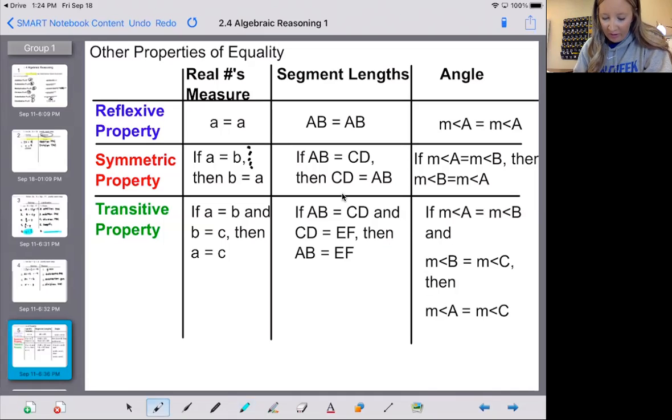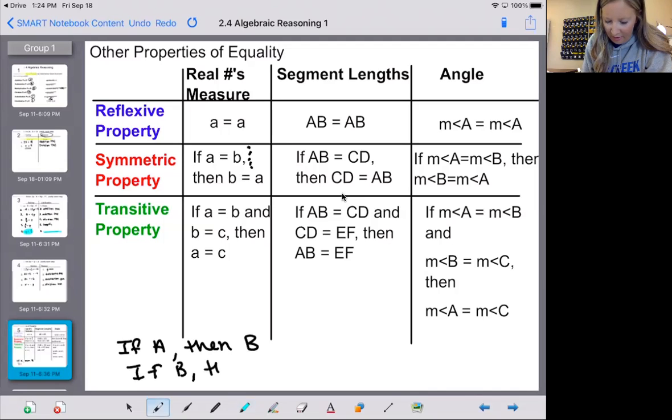The last one, the transitive property, this one is very similar to the law of syllogism. So if you think back to last week, remember the law of syllogism said if A, then B, and if B, then C. And then remember we cut out the middleman and we said that basically that just meant if A happens, then C also happens, right? If A, then C. And so the transitive property is basically the same thing.